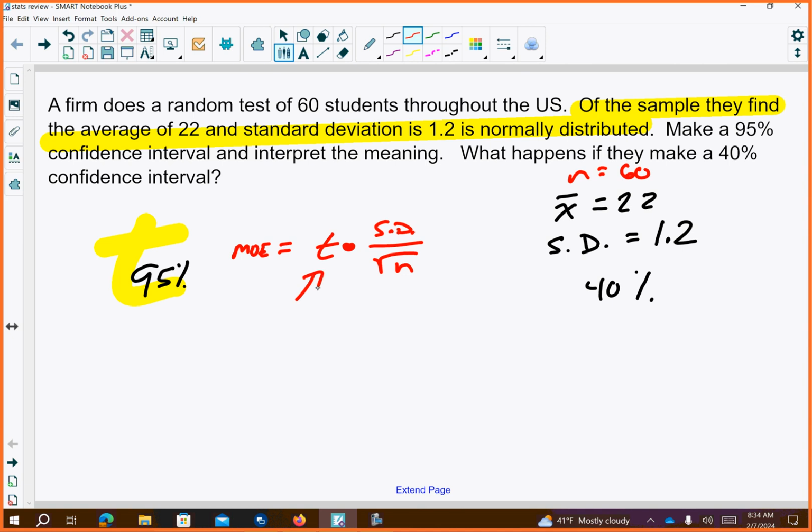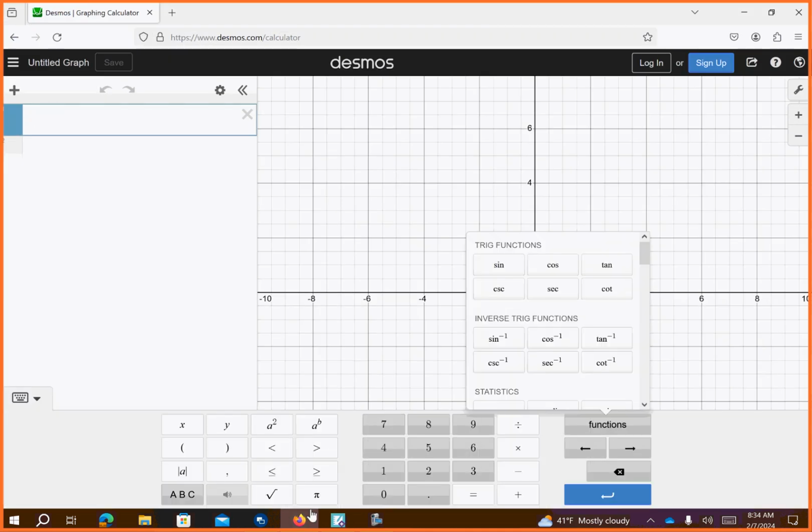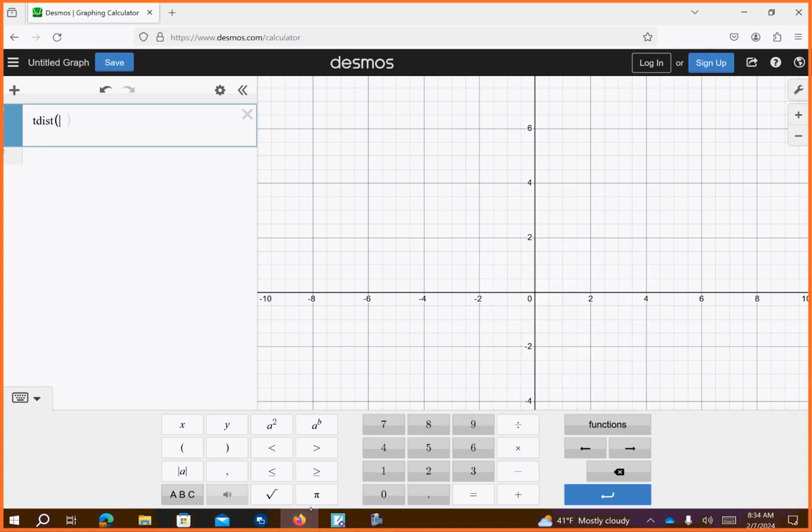What would our degrees of freedom be on this one? 59, one less than our sample. All right. So t distribution. You guys all know where to find this?